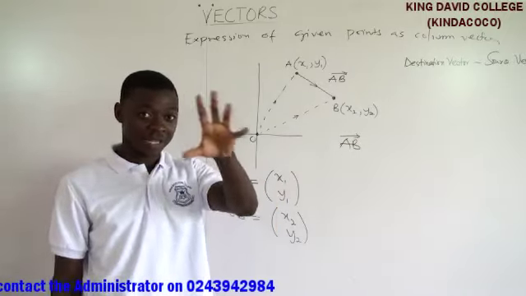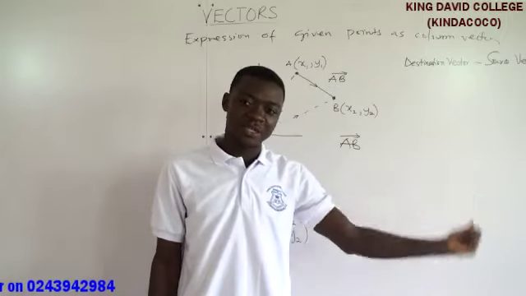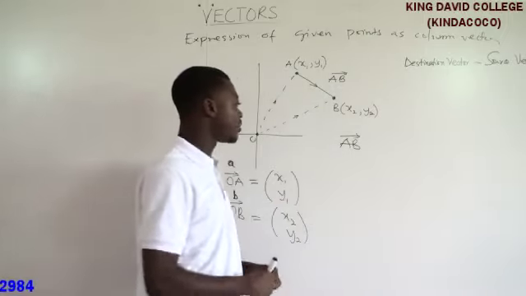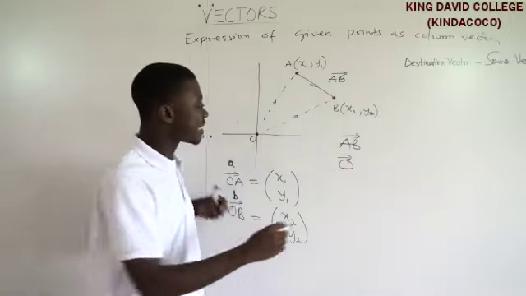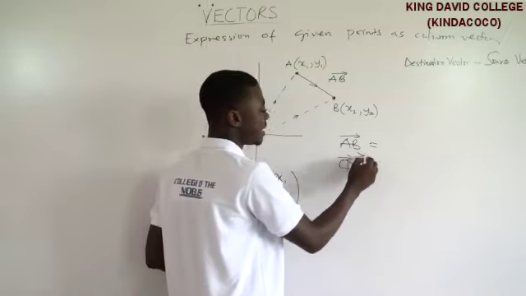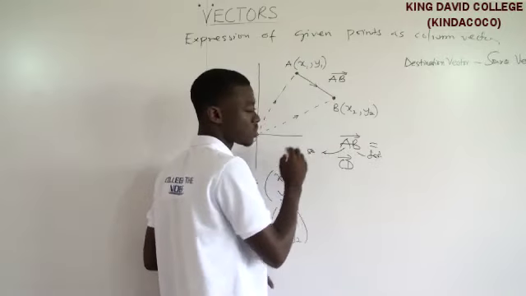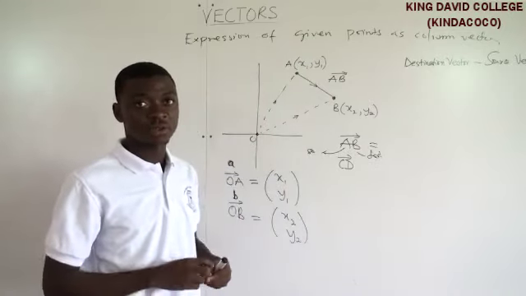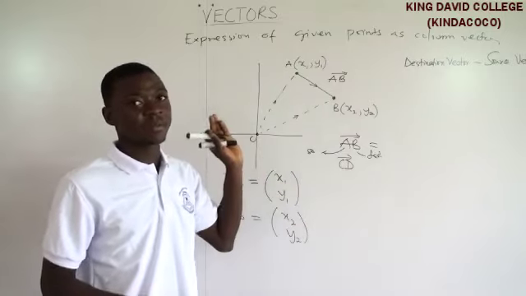Just take that as a guide. So in this case, B becomes my destination, and A becomes my source. Please take note. B becomes my destination, A becomes my source.